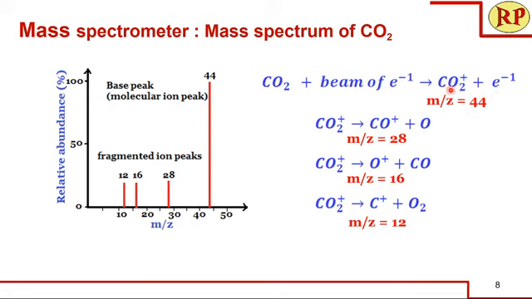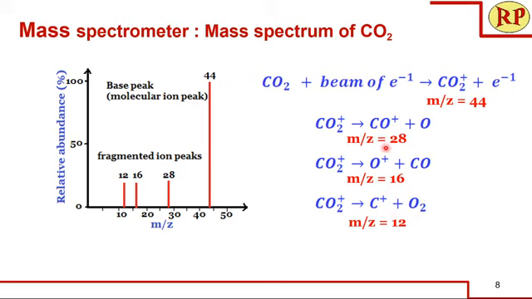So this CO2+ can be further fragmented to CO+ plus O or O+ plus CO. So here we have one cation plus a neutral atom or a neutral molecule. So it can also be fragmented as C+ and O2 molecule.